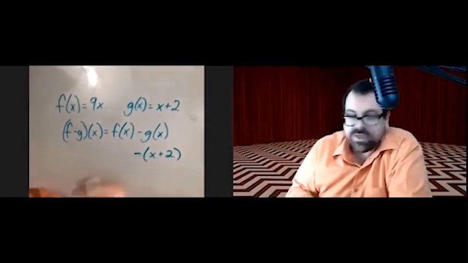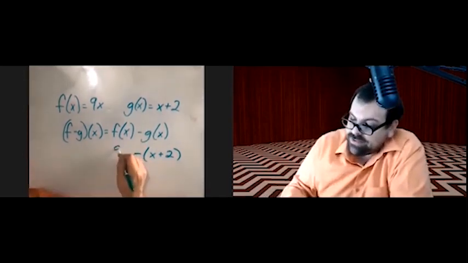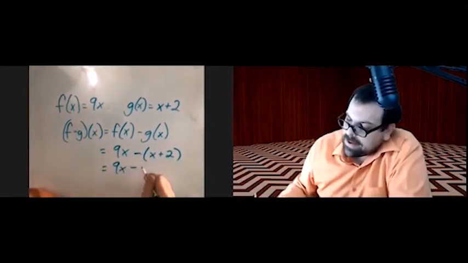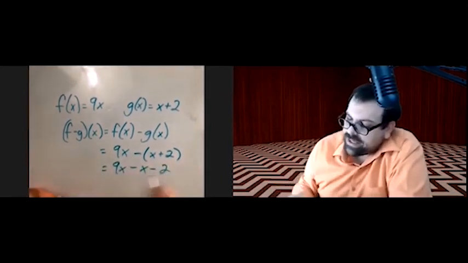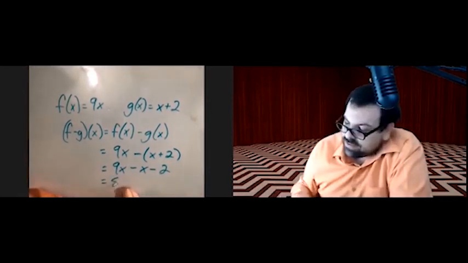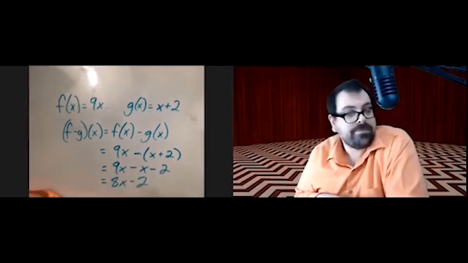That x plus 2 needs to be in parentheses. F of x is 9x. So we have 9x minus 2. F minus g of x would be 8x minus 2.